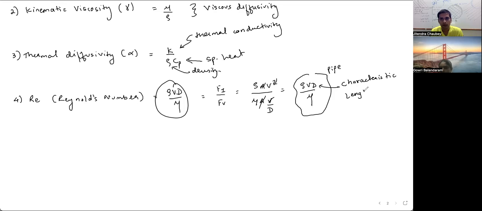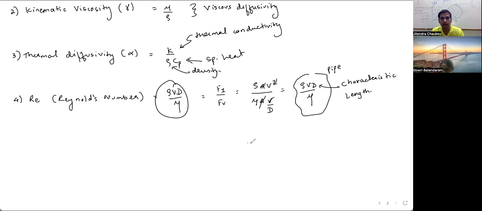Diameter, the characteristic length, or also called hydraulic diameter, is only for a pipe, whereas when a fluid is flowing inside a square duct or over a plate or a surface, then D is changed by characteristic length, and the formula is accordingly generated.